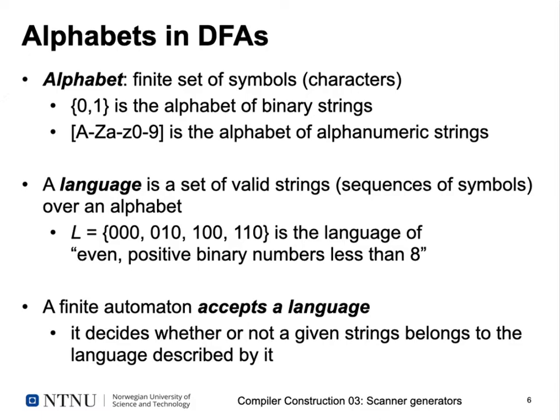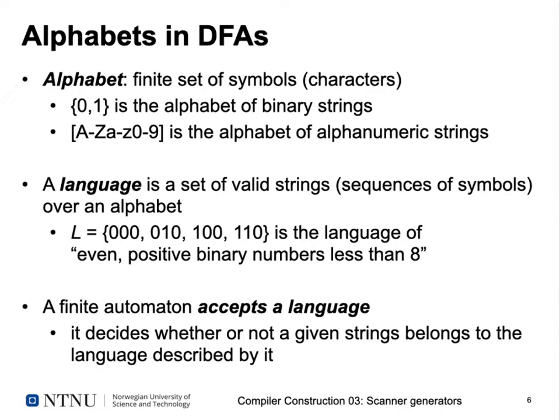So let's take a closer look at the various parts of the DFA. One of the important parts is the alphabet. An alphabet is a finite set of symbols, so you cannot have infinite alphabets. Symbols are usually represented as characters, for example, ASCII characters. Very simple examples are 0 and 1 as characters.